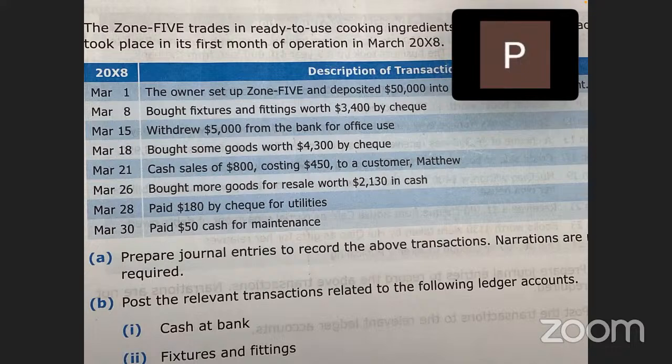So you're saying that asset increased by 4,300, but asset also decreased by 4,300. What do you think? Is that what you're saying? Can you hear me? Sorry. Maybe we're stuck here. Okay, you're thinking. Tell me. That's what you're saying.